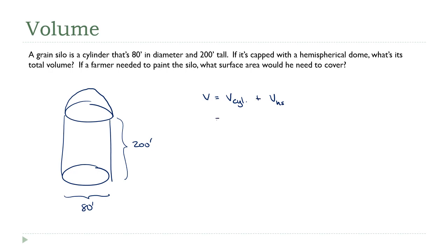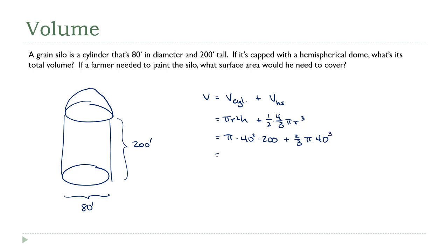So the volume of a cylinder is pi r squared h. And the volume of a sphere is 4/3 pi r cubed, but we only have a hemisphere. It's half of that. All right, so let's put some numbers in. This is pi times the radius. Now I have the diameter. Remember, the radius is half that, so that'll be 40 squared times 200, plus 1/2 times 4/3, that's 2/3, pi times 40 cubed.